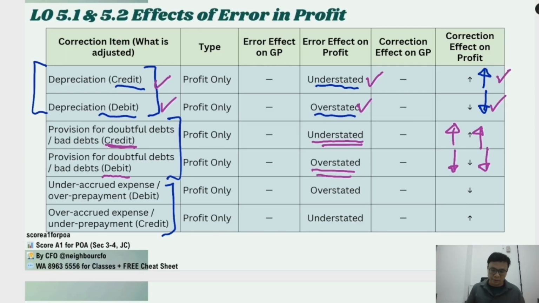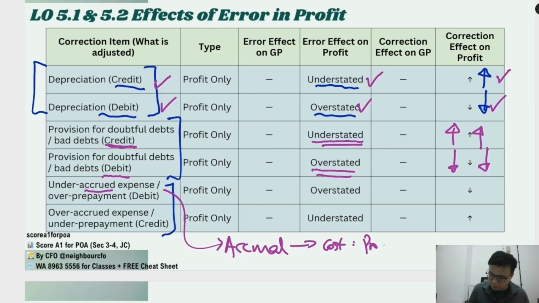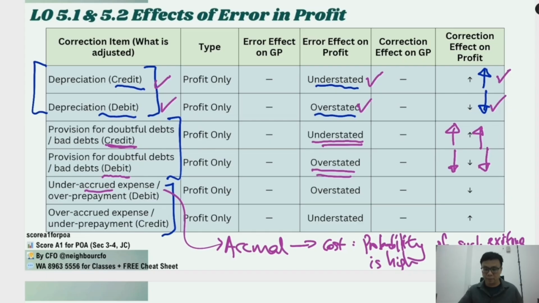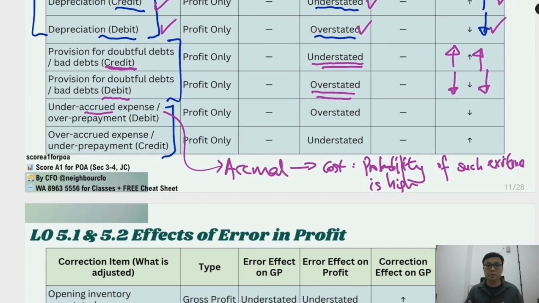The reason is because you know that a cost, whereby the probability of such existence is high, even though the supplier didn't provide you the invoice. Maybe the finance department of the supplier went on leave. So you do an accrual.